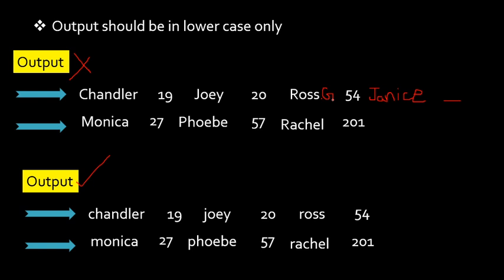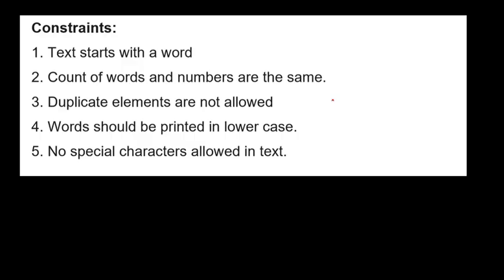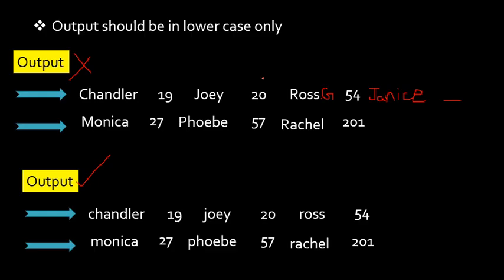Yes, for this, take a look at the constraints. They have told you the text will definitely start with a word. So don't worry about having a number. Next thing, count of words and numbers are the same, which means in the previous case I told you, what if you had one more word? You will have four words and three numbers only, right?